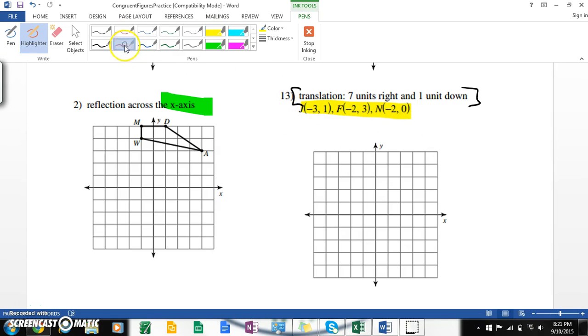Your first job here is to plot these points. Once you plot these points, label them, then perform your transformation. That's how you're going to get through 13.